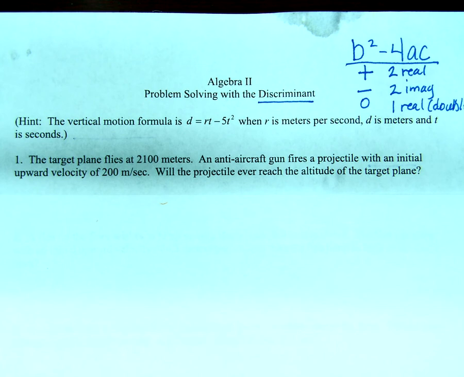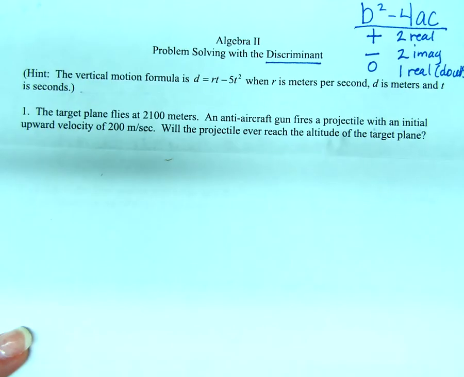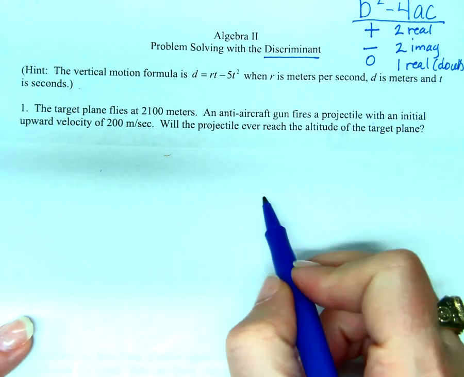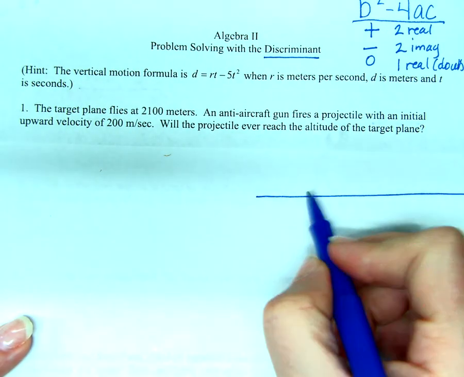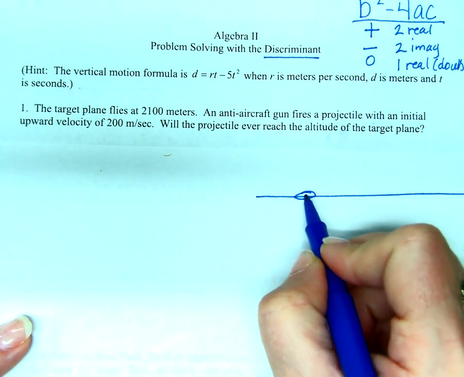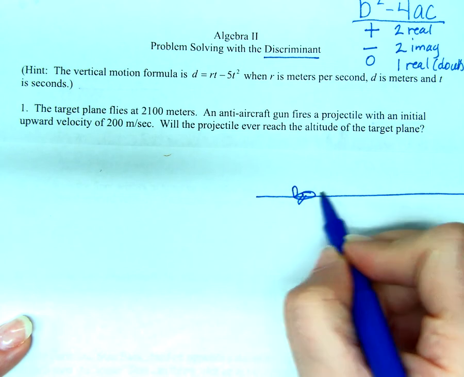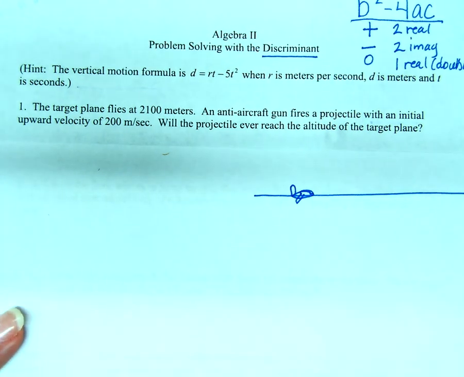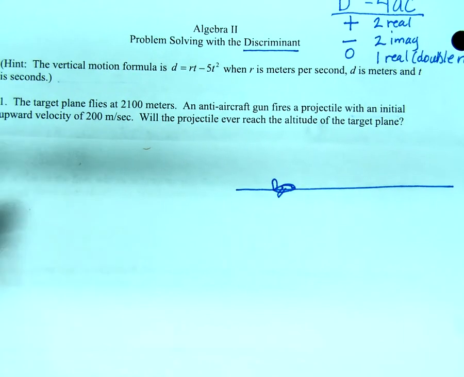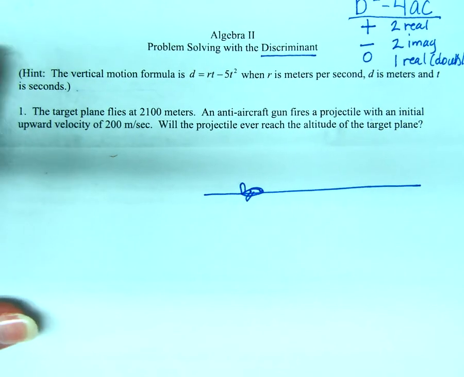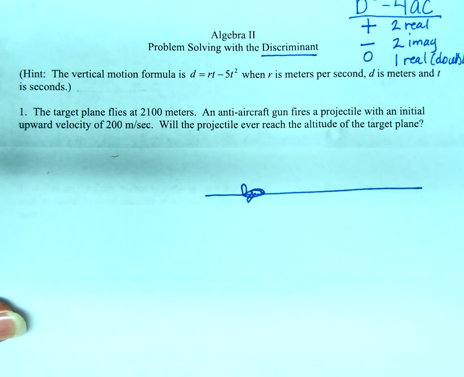The target plane, what is the target plane? The target plane flies at 2100 meters. There's the plane. I know you all wish you were as good an artist as I am, but that's okay. You can be someday. Okay?